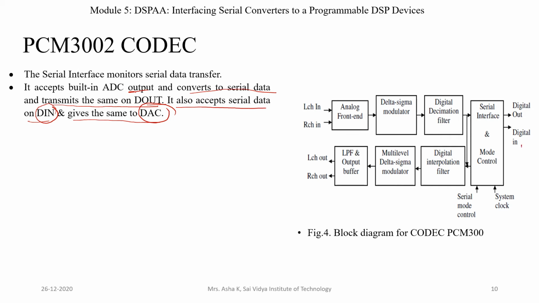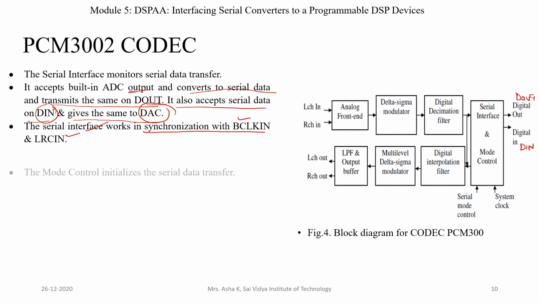We have here the DIN pin and the DOUT pin, the data output pin. The serial interface works in synchronization with the bit clock input, and also the frame synchronizing left and right channel input pins, which we call BCLK in and LRC in.